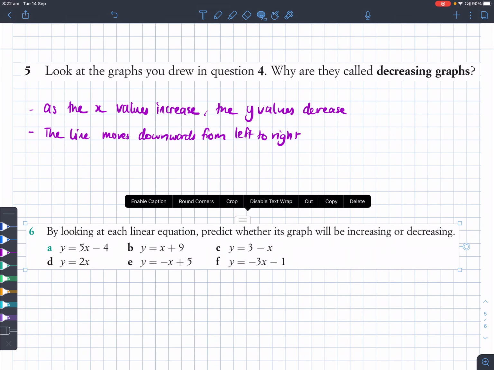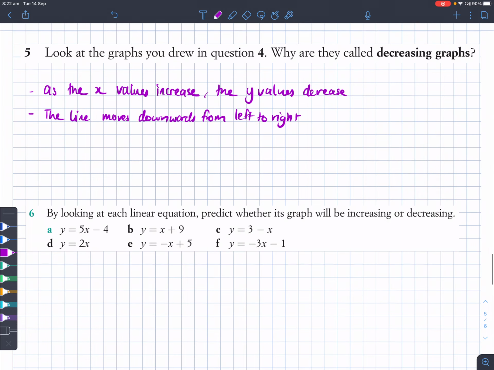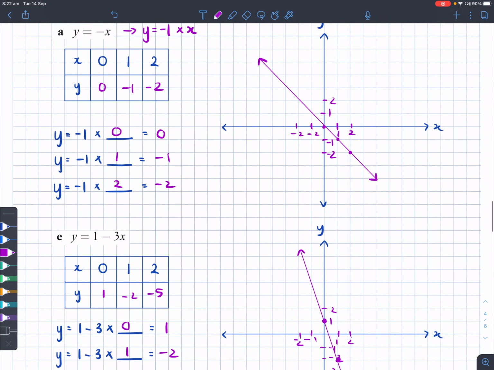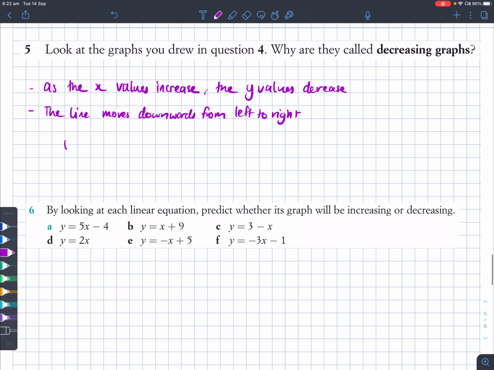Now, again, there's a specific way to tell whether it's going to go down or not, just by looking at the equation. So let me just copy down those equations. We've got 1 minus 3x and negative x. When you want to figure out if it's decreasing or increasing, we look at the number just right before the x.